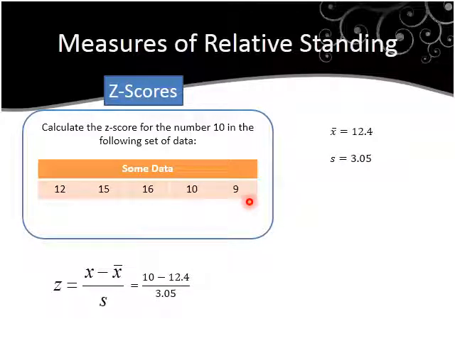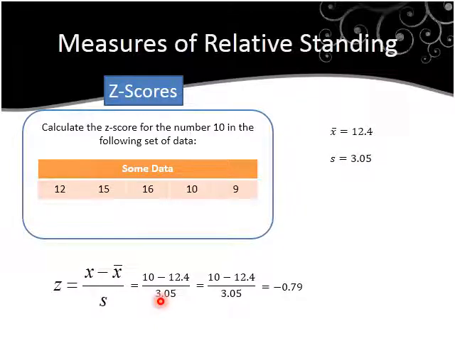So, to calculate the z-score for 10, I simply take the number 10 that I'm calculating the z-score for, minus the mean 12.4, divided by the standard deviation 3.05. That gets me negative 0.79.